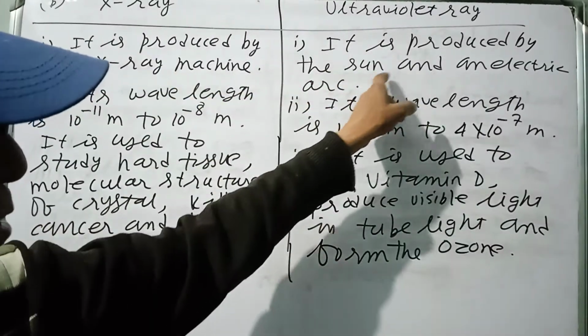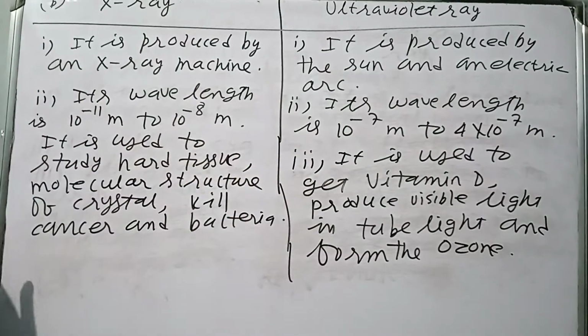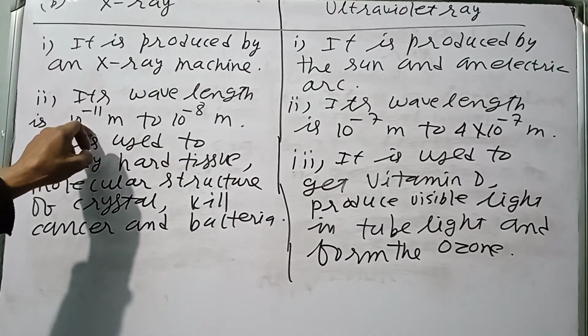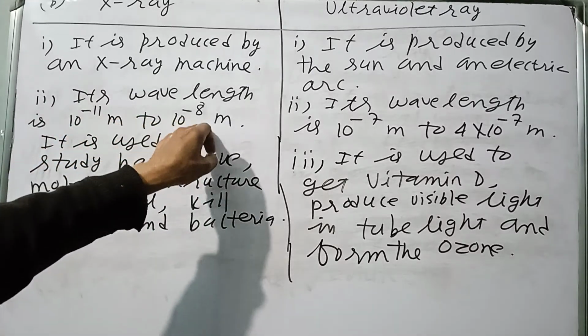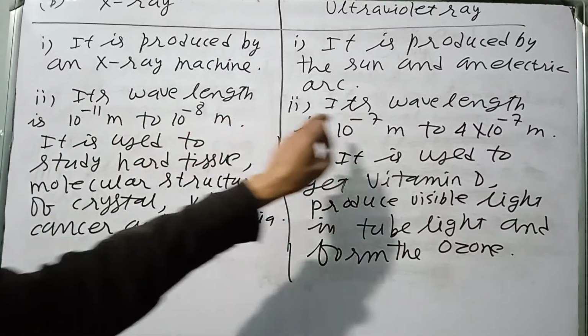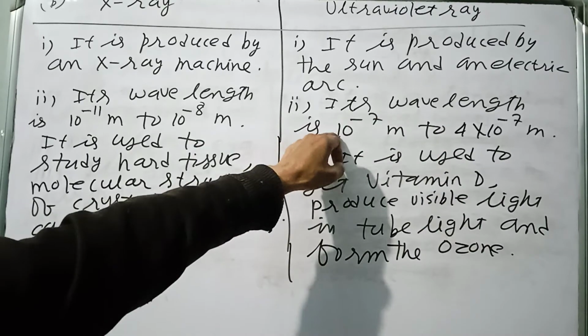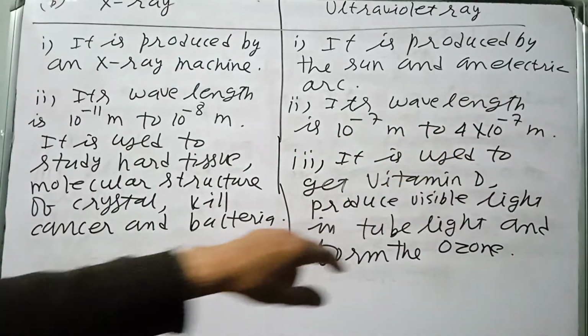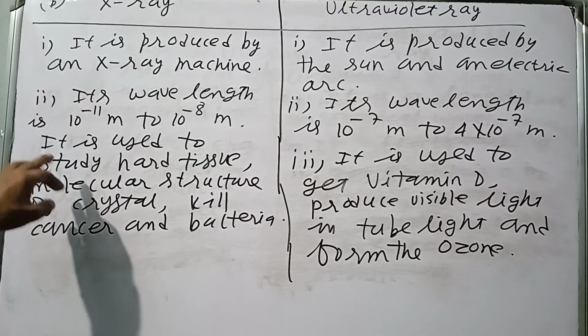Ultraviolet ray is produced by the sun and electric arc. Range of wavelength of X-ray is 10 to the power minus 11 meter to 10 to the power minus 8 meter. Wavelength of ultraviolet ray ranges from 10 to the power minus 7 meter to 4 into 10 to the power minus 7 meter.